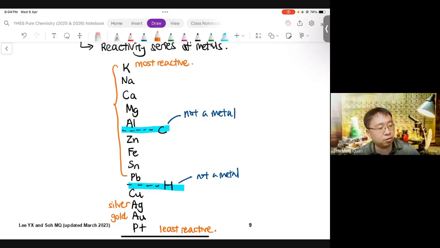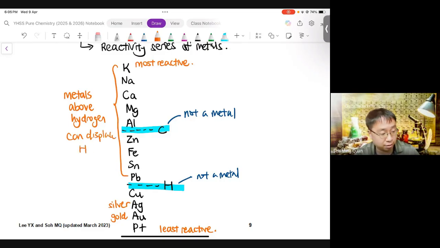Only the metals above hydrogen can displace hydrogen from acid. Which means only the metals which are above hydrogen could react with acids.